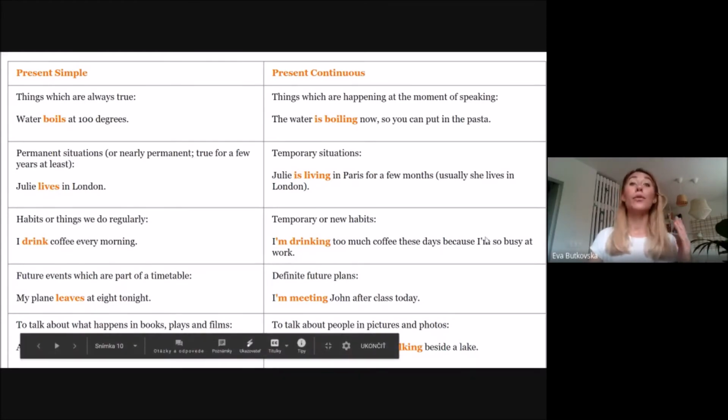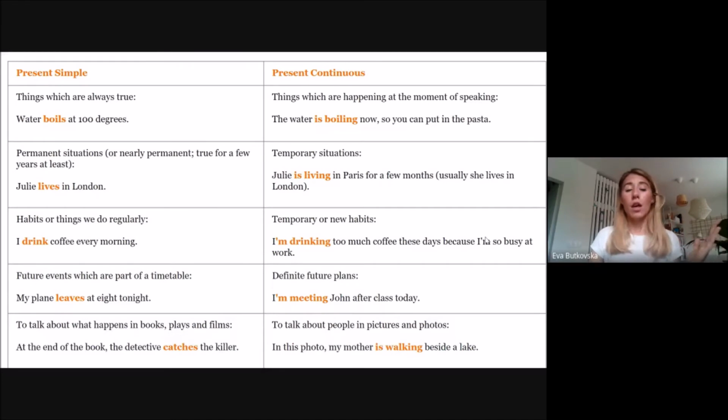To talk about the future, we use present simple only for events or actions that are part of a timetable. If there is a timetable or schedule, we can use present simple. But if we are talking about our future plans, we use present continuous. Remember that.